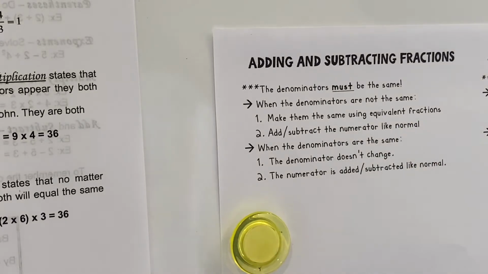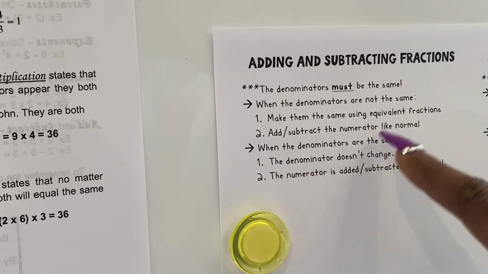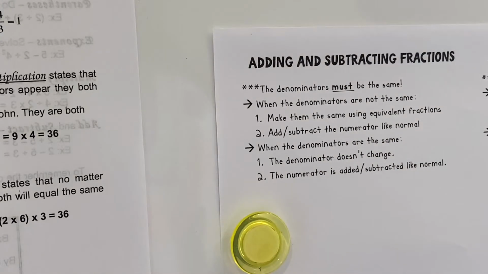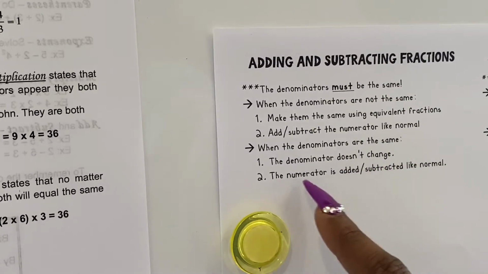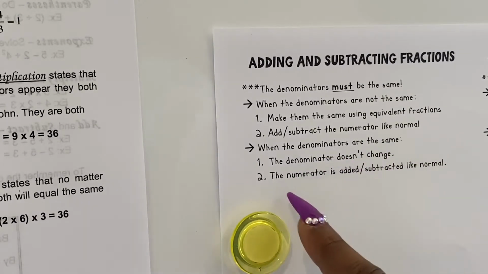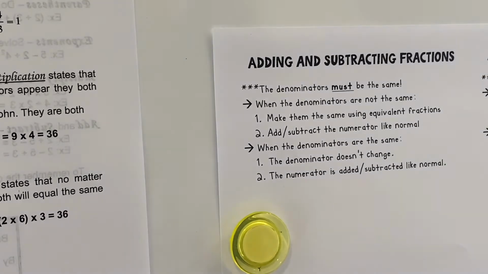That's what we did when we tried to find the lowest common denominator. And then we multiply that number times those denominators so that we can get the same denominator. And then you're going to add or subtract the numerator like you would normally do. When the denominators are the same, the denominator doesn't change.